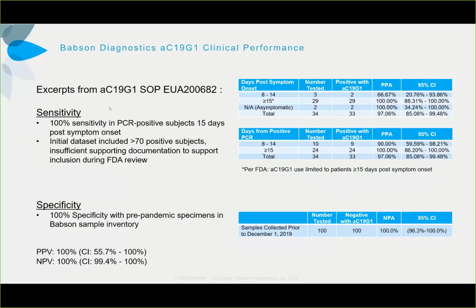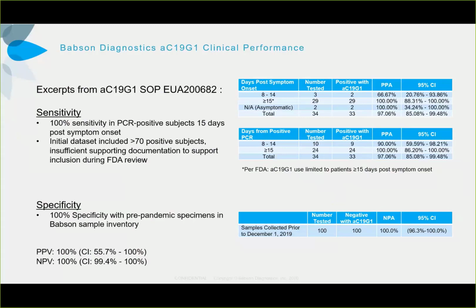We initially submitted a data set with greater than 70 positive subjects. However, during the review with the FDA and their changing requirements on the inclusion criteria of positive subjects, we negotiated with the FDA and removed some of the samples that did not have some of the requisite information.